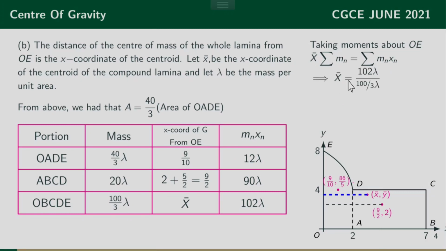So x bar will be equal to the sum of mn times xn, which is 102, divided by the sum of the masses, which is 103 lambda. Evaluating, we obtain 153 on 50, or 3.06 from OE. So I've had the x coordinate of the center of mass of the whole lamina to be 153 on 50.